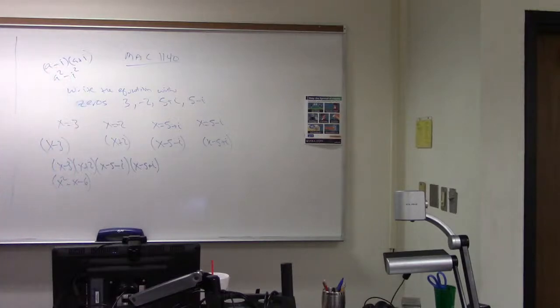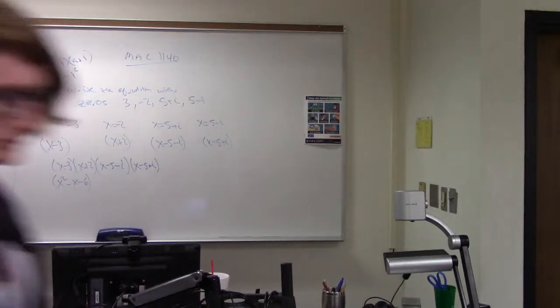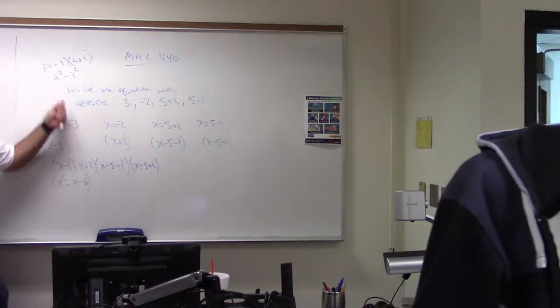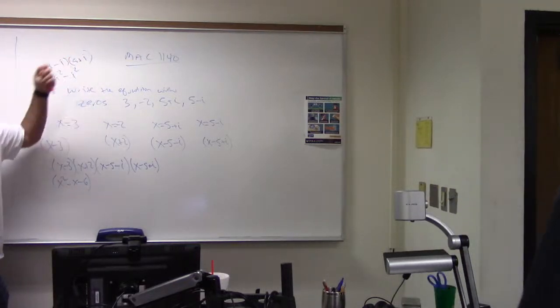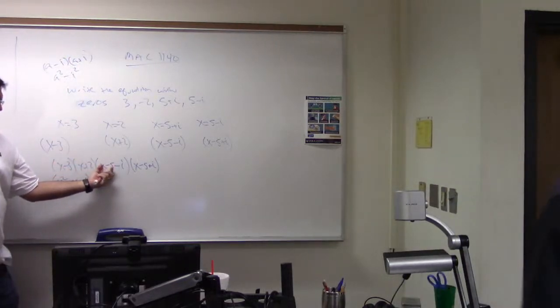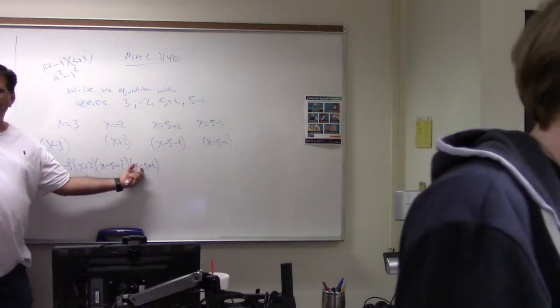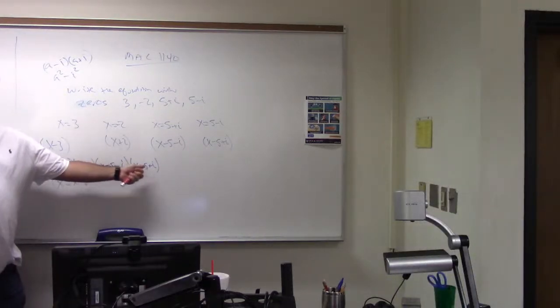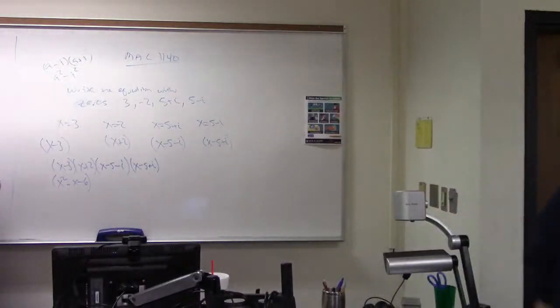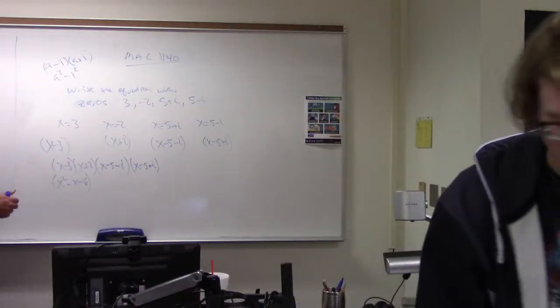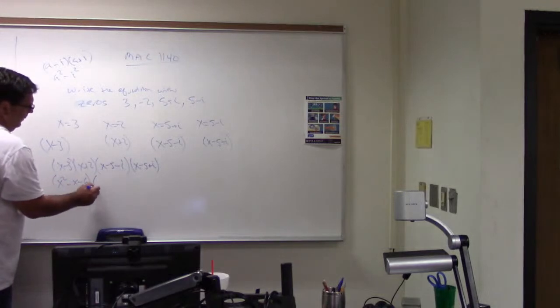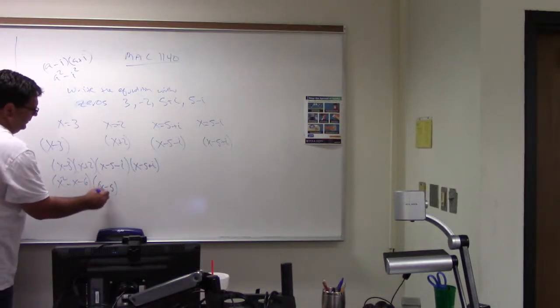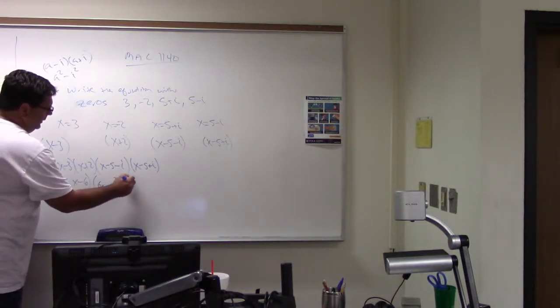Do we agree? What we have to recognize, Amari, is that it is x minus 5 minus i, and x minus 5 plus i. The x minus 5 is the same for both. So that becomes x minus 5 squared minus i squared.